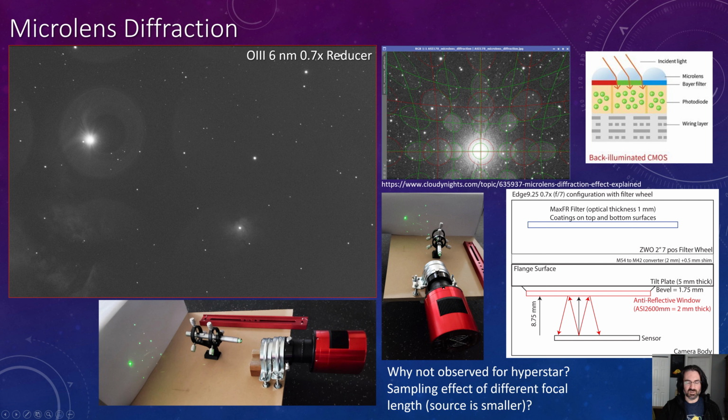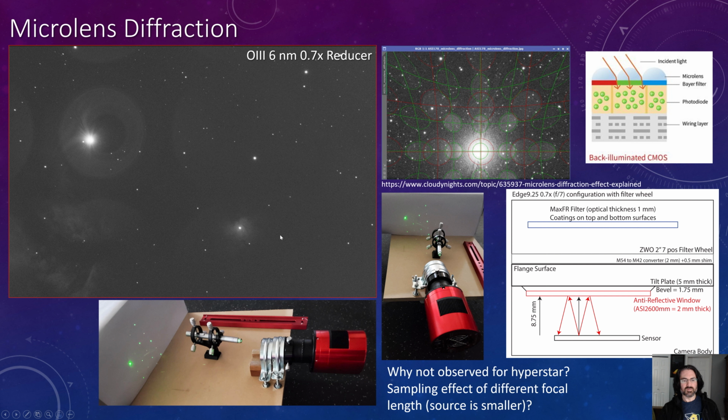This is just an illustration where I've taken my laser, using my rig to adjust sensor tilt, and you can see a reflection off of the protective window, in addition to the diffraction coming off of the microlens array on the sensor. And here you can see a different angle of that.